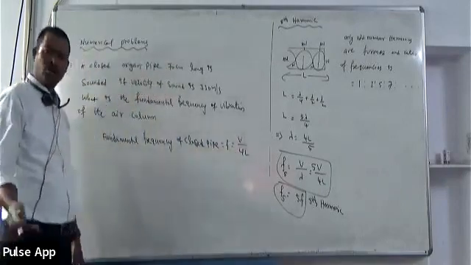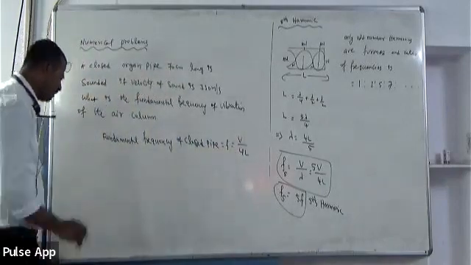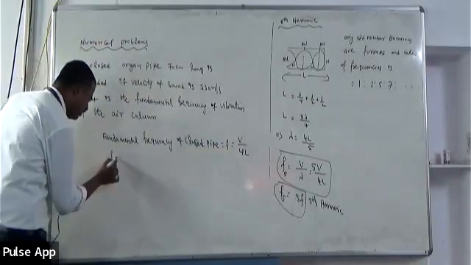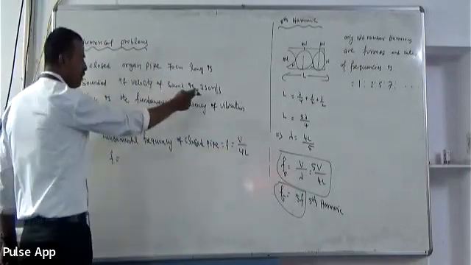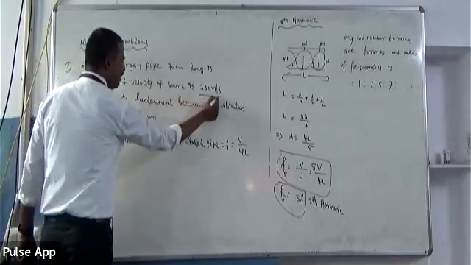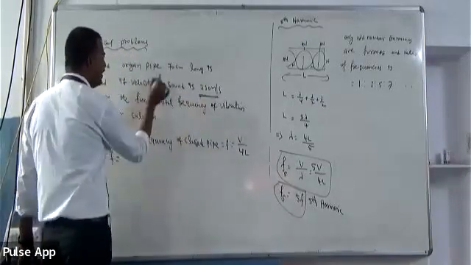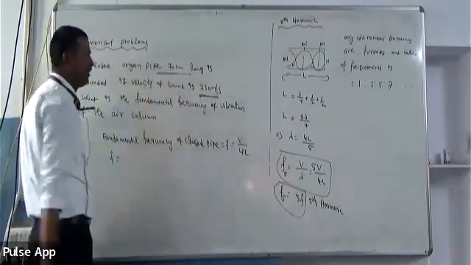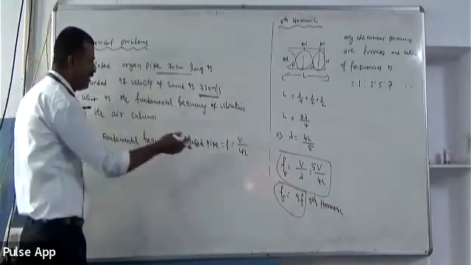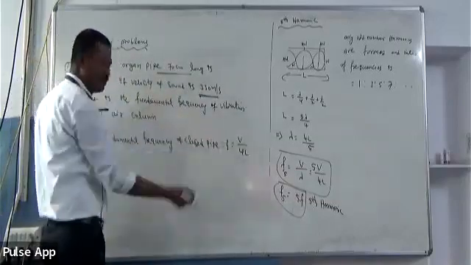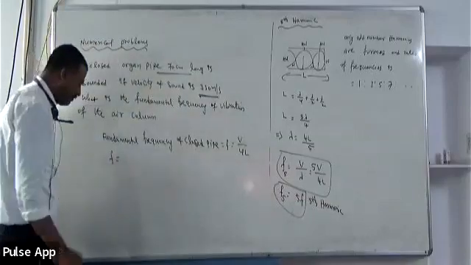So F is equal to V, the speed of sound, 330 meter per second, and L, the length of the tube, is 70 centimeter. L is given and V is given, so we just substitute in the formula and simplify.